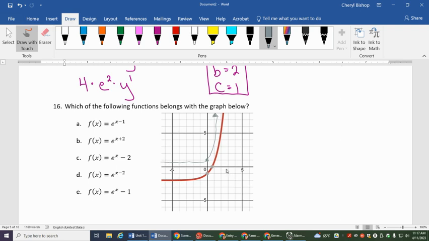So I can see that this graph has moved. Where has it moved? Down 2. So which one of these shows an exponential that's been moved down 2? C. My minus 2 on the outside means that whole thing has moved down 2.